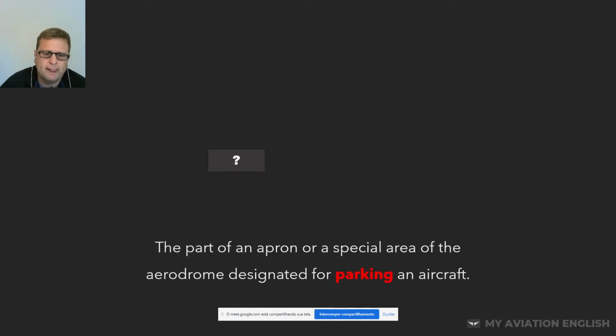Question. Can you read? The part of an apron or a special area of the aerodrome designated for parking an aircraft. A generic area, not the apron, but another area designated for aircraft that will be parked for some time, okay?